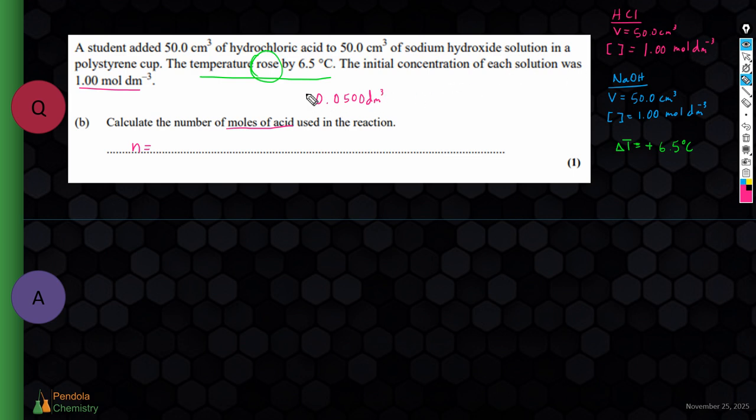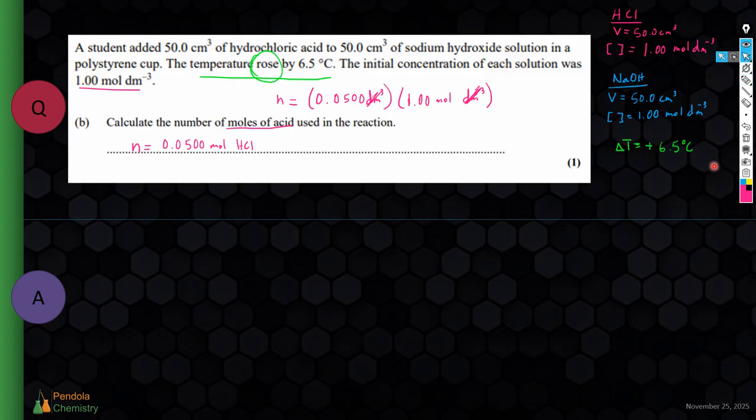And since the concentration is 1.00 moles per cubic decimeter, all we have to do is multiply these two numbers, because again, the signs will always help you. The signs cancel out if we do that. And so 0.05 times 1 gives us 0.0500 moles of HCl. That's our first step.